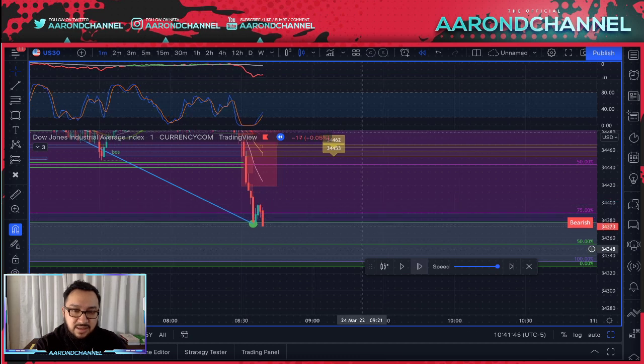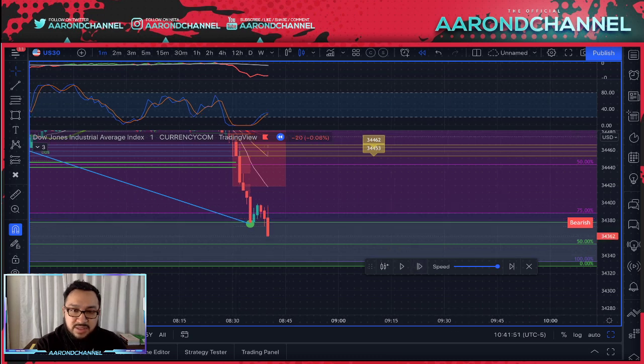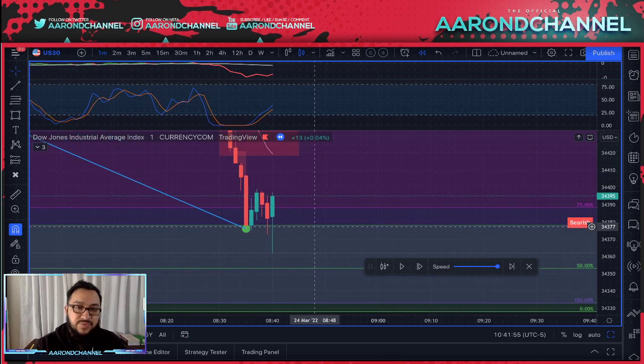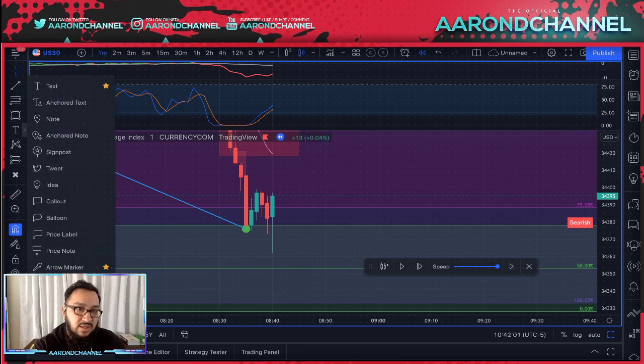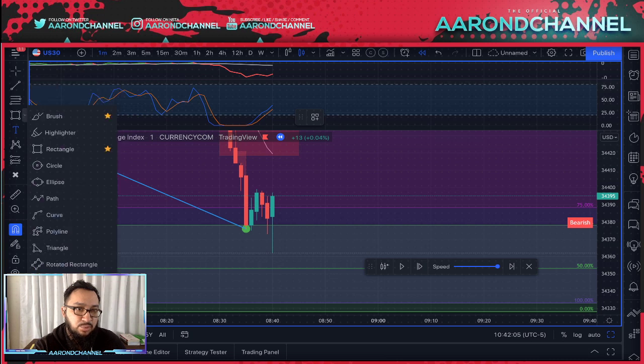It makes somewhat of a correction, and then it continues down. Then it makes a pretty significant push down, and this is what we want to look for. We want to look for rejection and an exit out of this bullish order block.